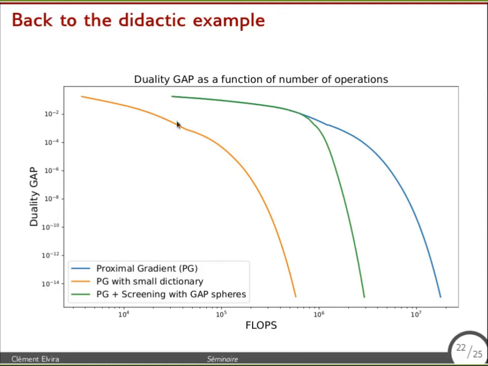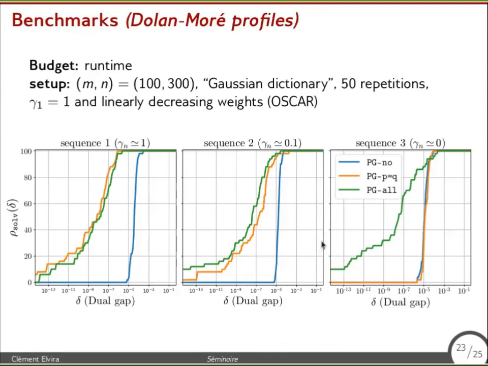However, whenever the duality gap becomes sufficiently small, and remember that the duality gap is involved in the definition of the practical screening test, some entries start to pass the test, and I start to have some computational gain. Okay, so this was a toy example.